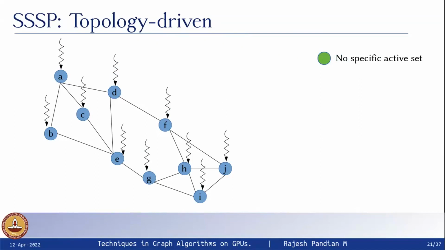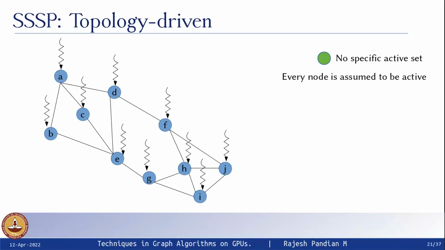Now we are going to see what topology driven is. In topology driven, there is no specific active set. Every node is assumed to be active. So basically we launch n threads, and each thread will relax its neighbors.